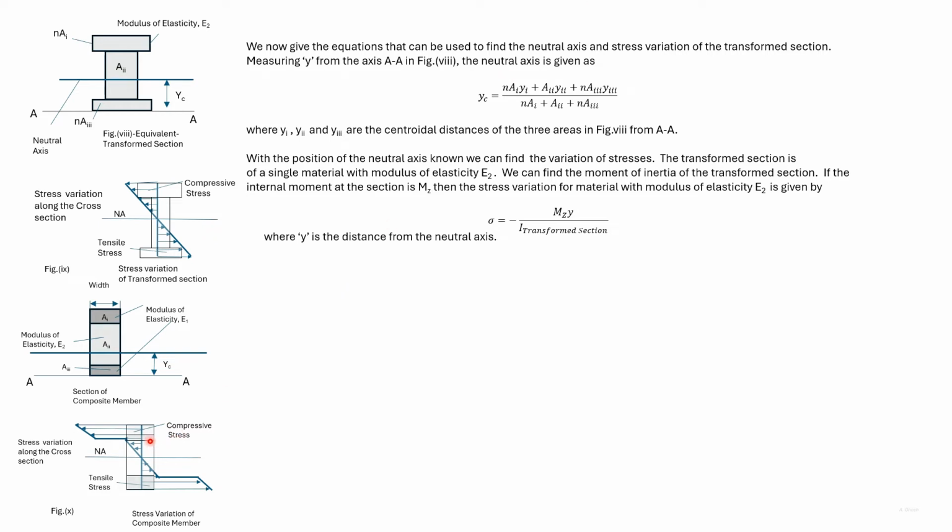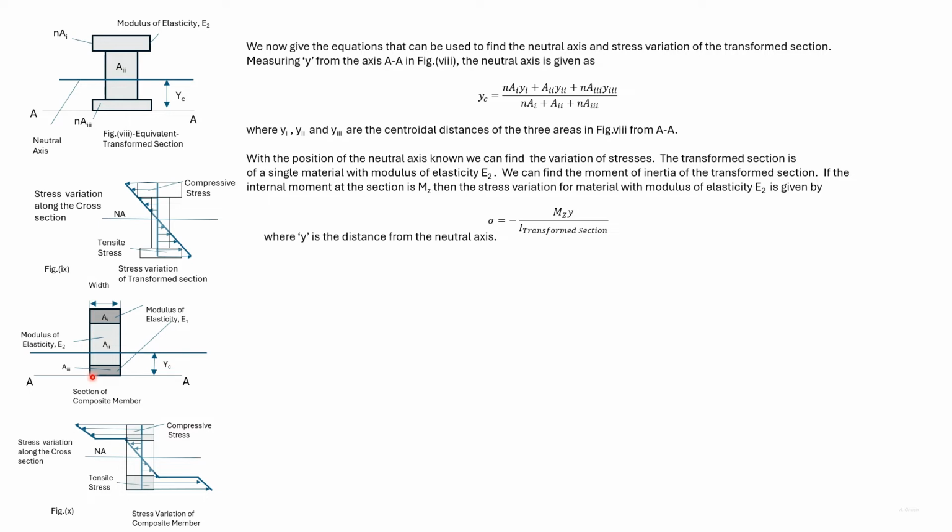In the composite member, we have the stress multiplied by N and the area divided by N. So the stress that we get for the portion A1 in the transformed section, we multiply by N to get the actual stress in the composite member.